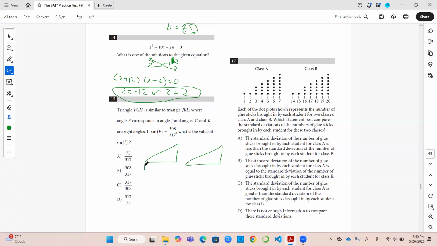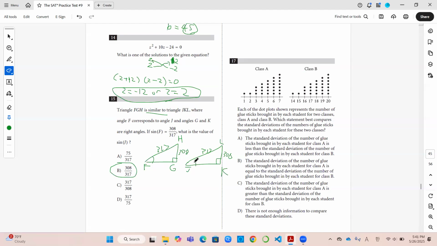F, G, H, J, K, L. These are right angles, so 90 degrees. Sine F is 308 divided by 317. Because they're correspondingly the same, you can immediately say that B is correct.